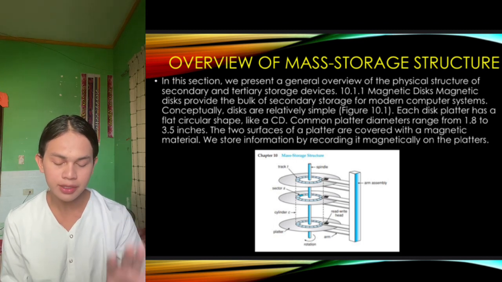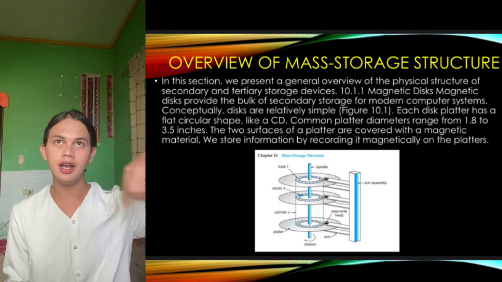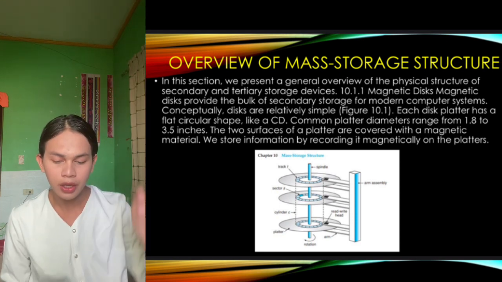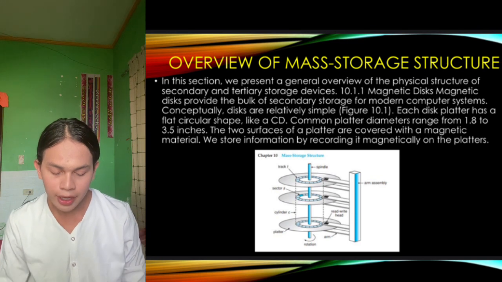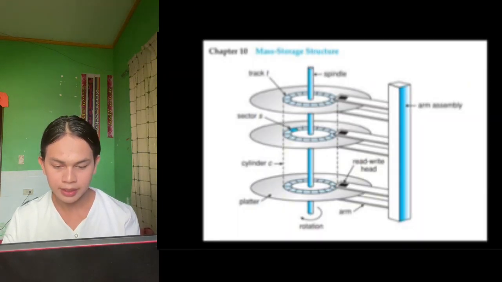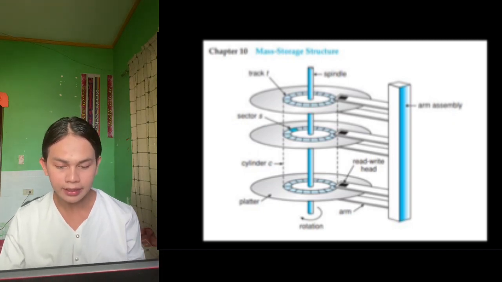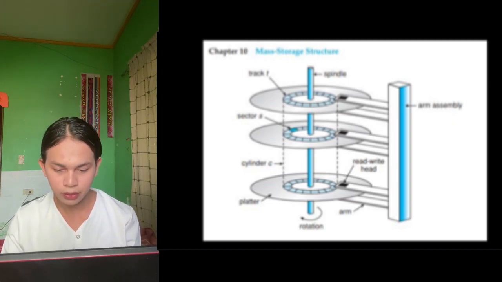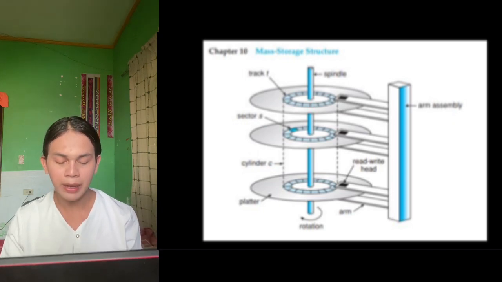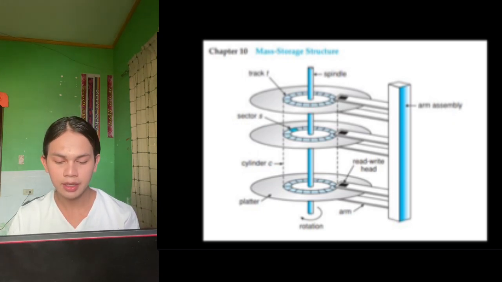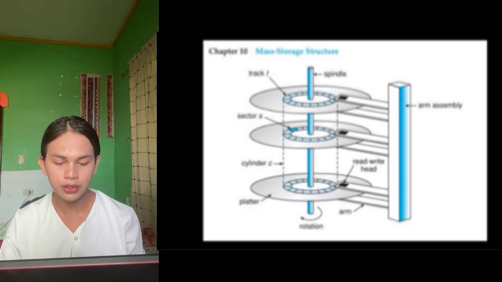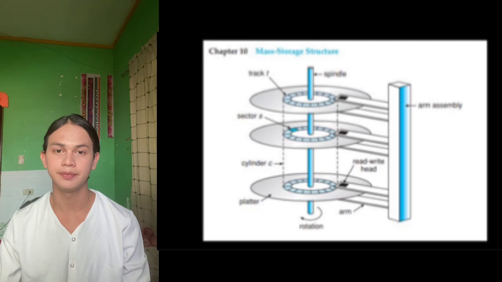In the upper side, we have the track and the spindle, and in the second corner we have the sector, the cylinder, the platter, the arm, and the rotation of the magnetic disk. We also have the arm assembly.